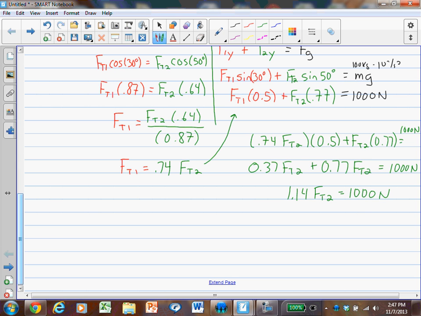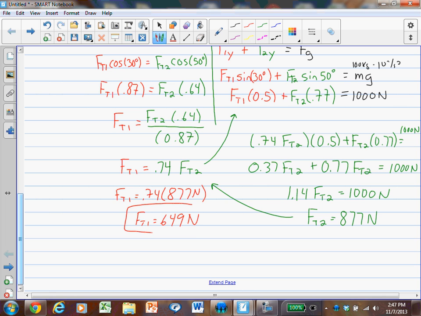0.77 plus 0.37 is 1.14, so 1.14 Ft2 is 1,000 newtons. 1,000 divided by 1.14 is 877 newtons. And now once you have Ft2, you can bring it back over here, and Ft1 is 0.74 times 877 newtons, or 649 newtons.